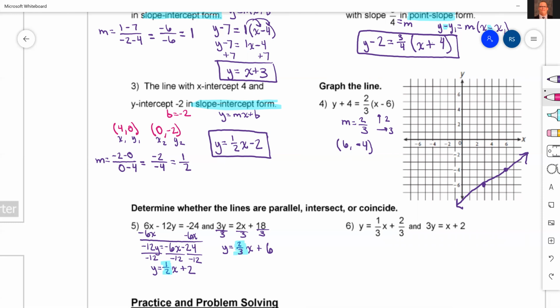What do we notice about the slopes? They're different. What's our only option that has different slopes? Intersecting. So that means these two lines intersect.